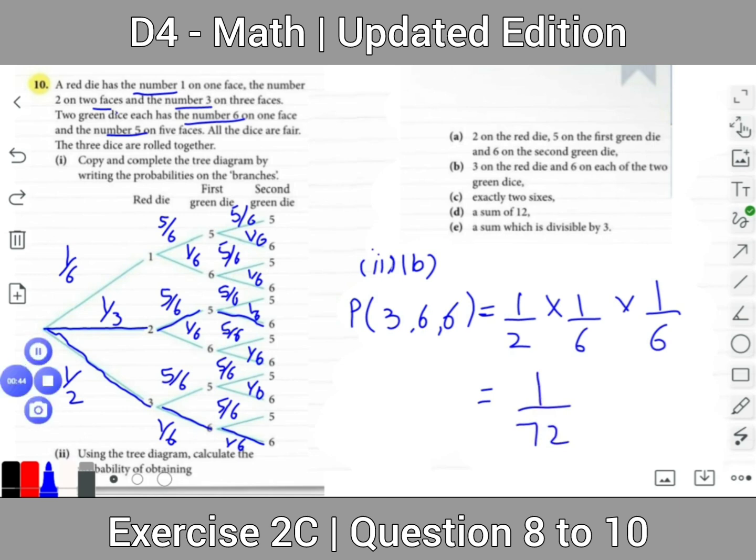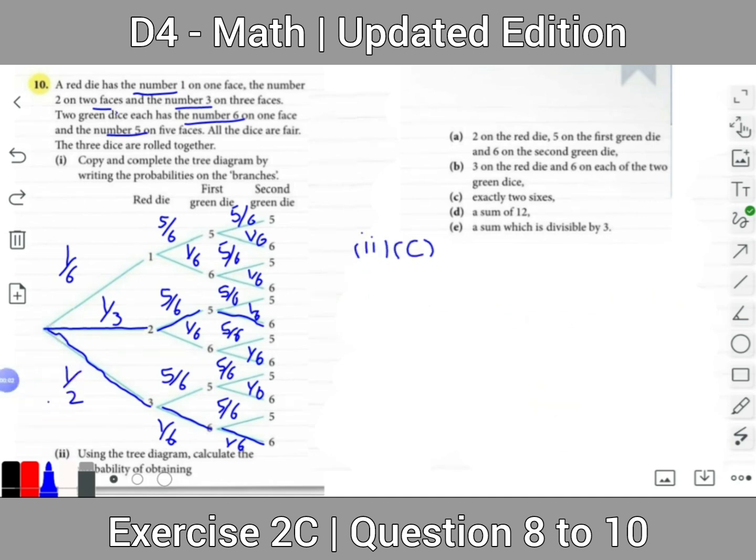And in part C, we have to find the probability of exactly 2 sixes. The probability of exactly 2 sixes is equal to the probability of 166, plus the probability of 266, plus the probability of 366. Here we have three possibilities.